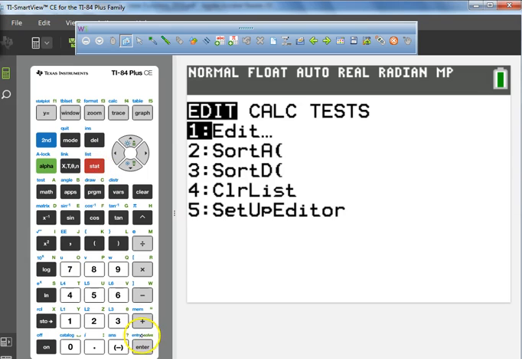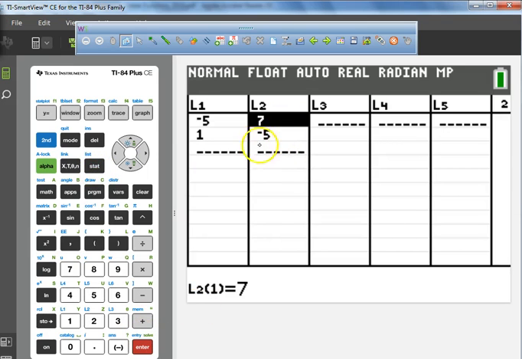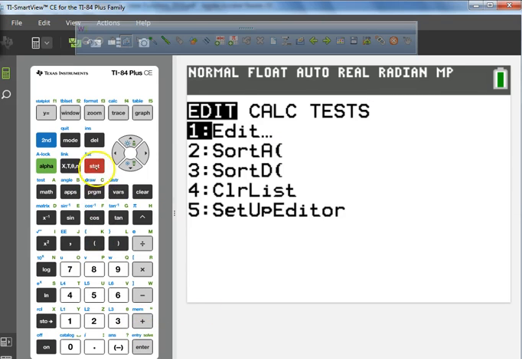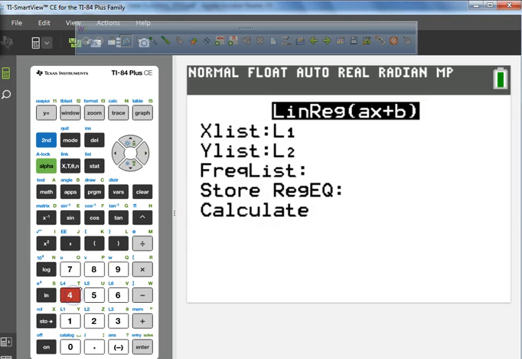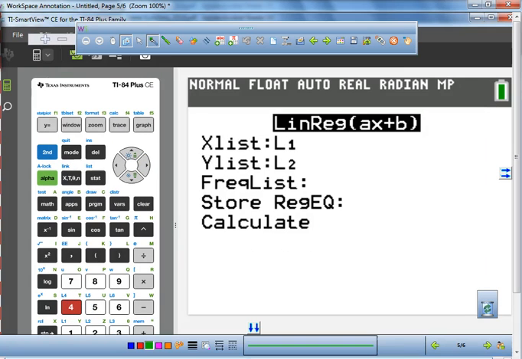But it's stat, enter. You have those ordered pairs in? Right. Okay, stat again. Go to the right where it says calc, or calculate. You go down to number 4. All right, I'm going to take a screenshot of this so you guys can see what's going on. You see where it says X list is L1, Y list is L2. That means X represents your domain, the L2 represents your range.